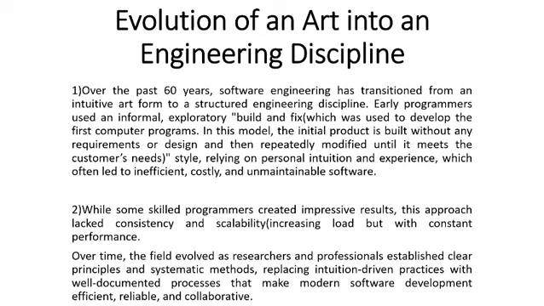Over the past 60 years, software engineering has changed from an art into a proper engineering discipline. In the early days, programmers followed an informal method called build and fix.